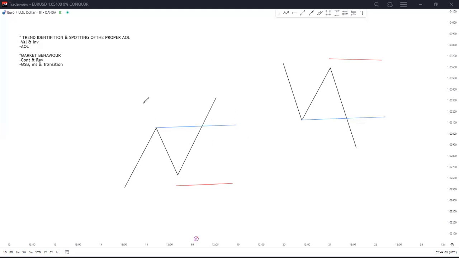So while you are marking the validation point and invalidation point, the validation point must be marked at the candle closure, at the body of the candle right there. But the invalidation point will be marked at the wick, right? And why do we consider this as the validation point and this as the invalidation point?